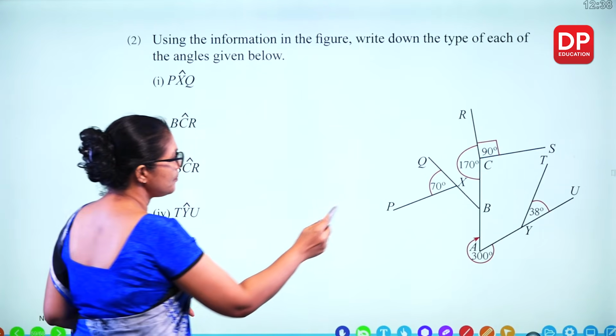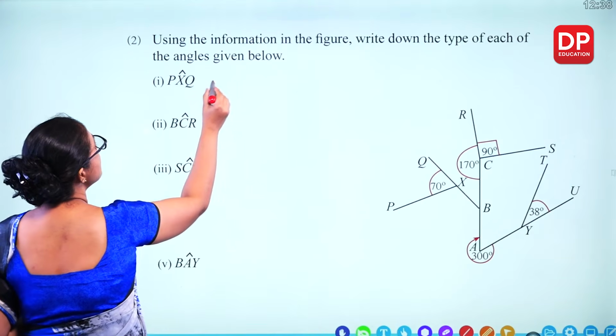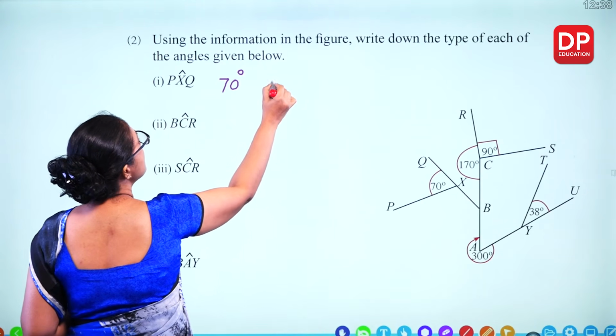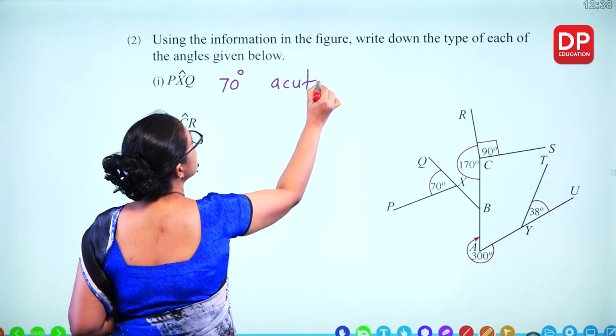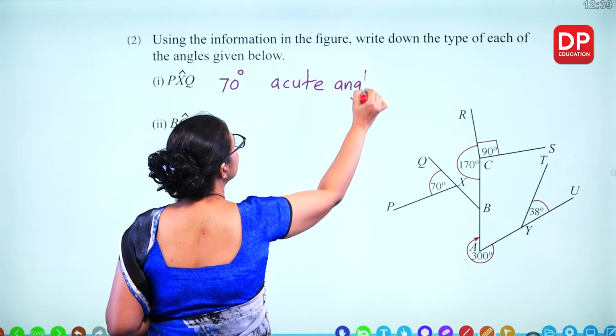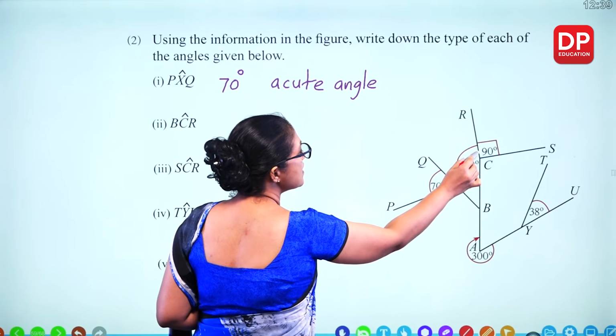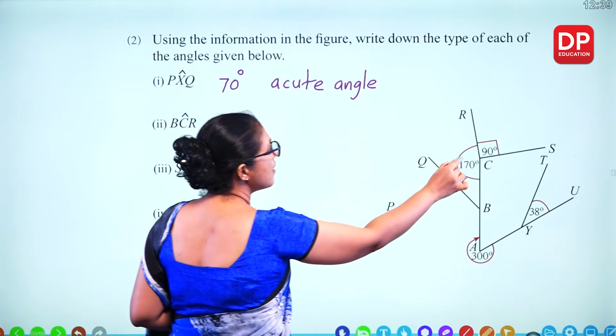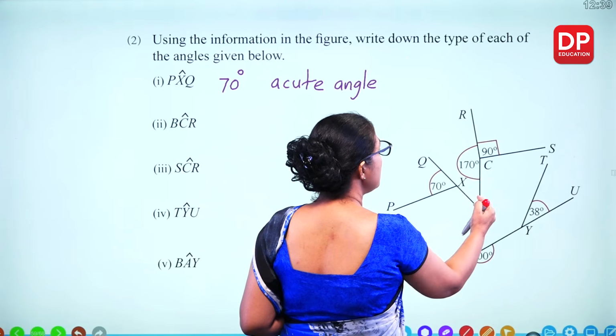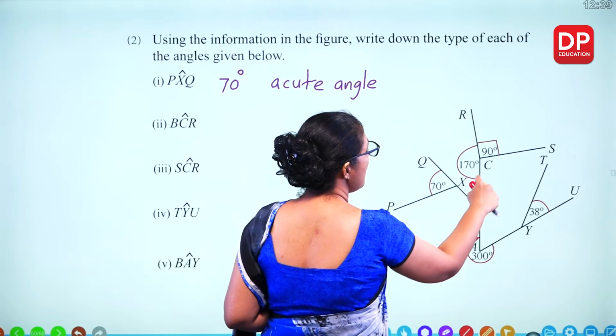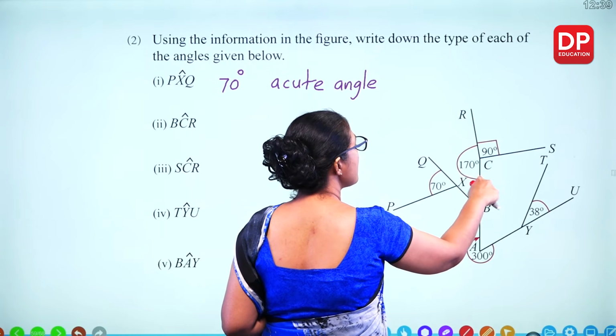PXQ. PXQ is 70 degrees. That means acute angle. BCR. Here BCR is not a straight line, but we know this is 170.